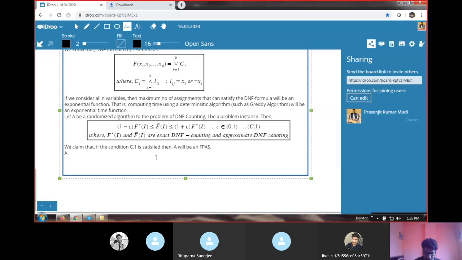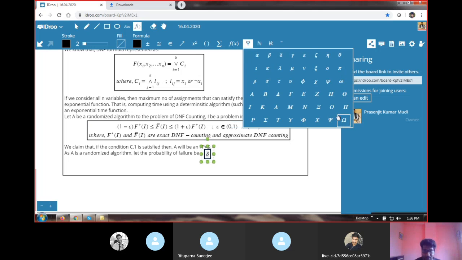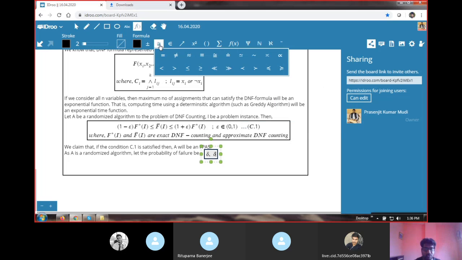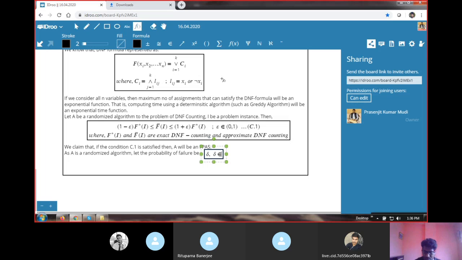So as A is a randomized algorithm, okay, let the probability of failure be delta such that delta belongs to 0 to 1.